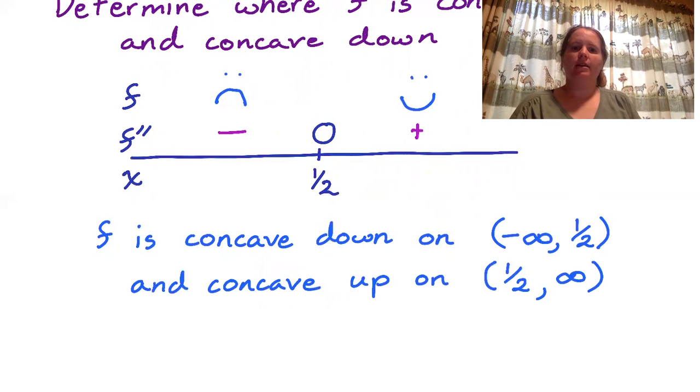So again, it's the same idea in terms of the steps as what we did with increasing and decreasing. It's just we're working with the second derivative instead of the first derivative this time. So it tells us concavity instead.